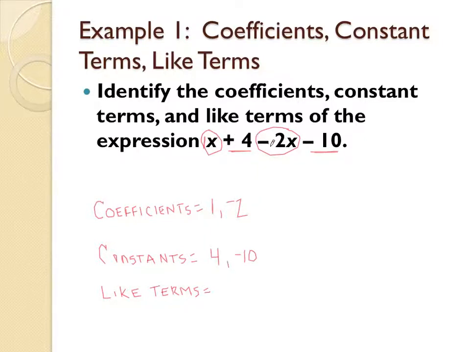All right, and my like terms here, again, are going to be those terms that have identical variable parts. So my like terms are going to be x and the -2x. All right, we'll get some more practice with this, but really understanding and being able to identify those parts of expressions and equations when we get to that part is going to be very, very important.